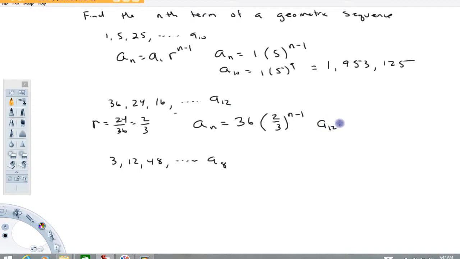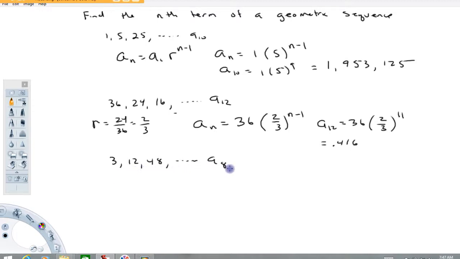So a12 is going to be 36 times 2/3 to the 11th power, since we do 12 minus 1. If you take a calculator and just work that out, what we're going to end up with is 0.416, which is good enough for our 12th term.